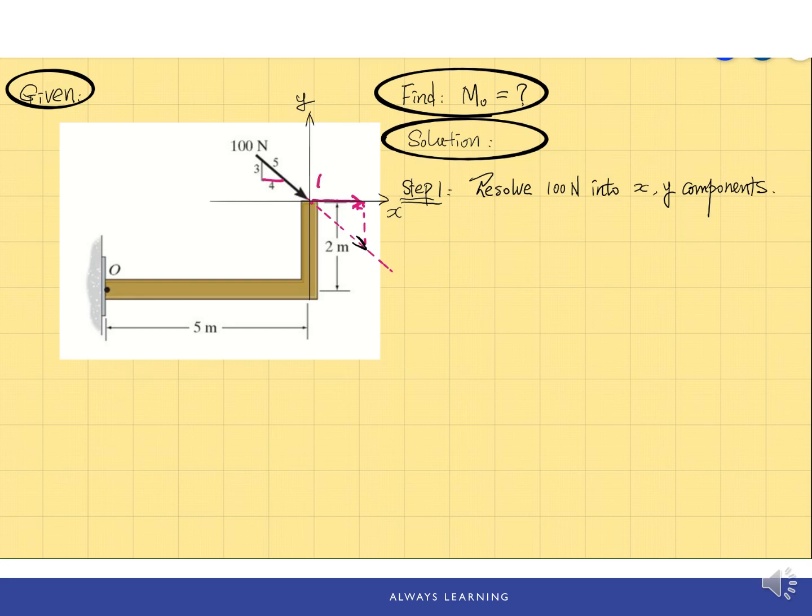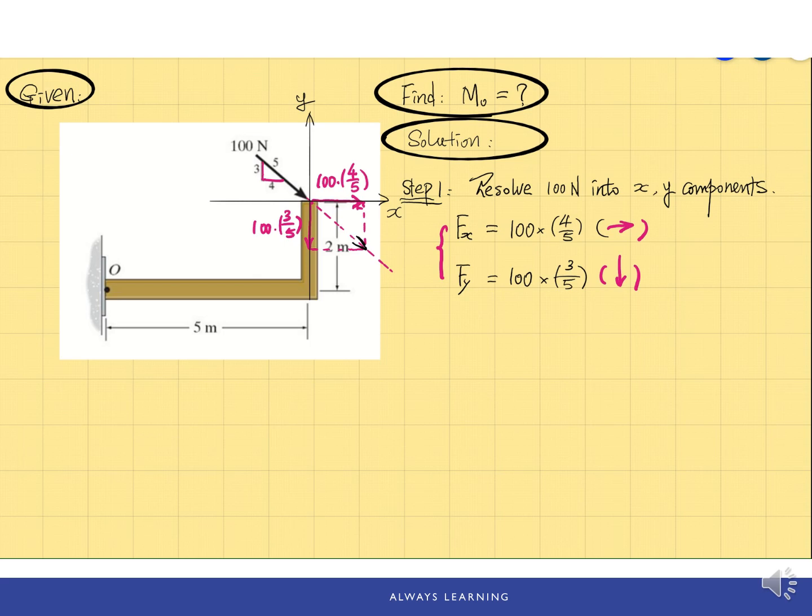Therefore, the magnitude will be 100 times 4 over 5. This is how we use the slope triangle. Similarly, we resolve the force into the y-axis, and this will be Fy, which is parallel to the side with dimension 3. So the magnitude will be 3 over 5 times 100, pointing downwards.